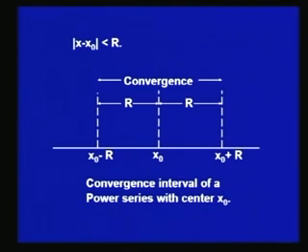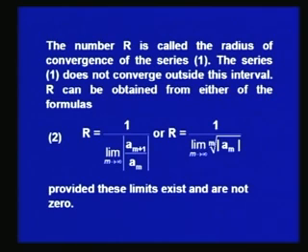The midpoint of the interval is at x naught. The number r is called the radius of convergence of the power series given by equation 1. The power series does not converge outside this interval. It may or may not converge for mod of x minus x naught equal to r.